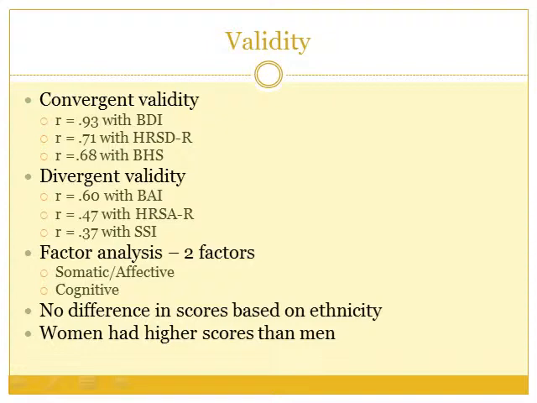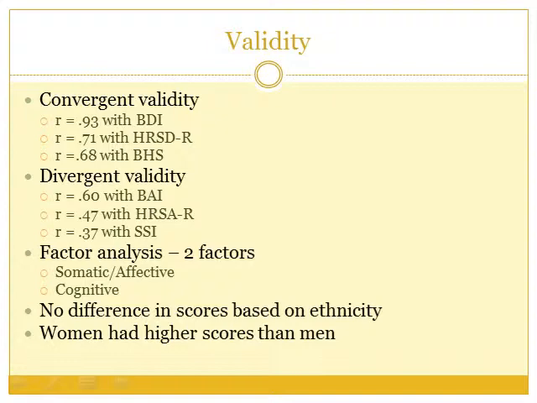Factor analyses of the Beck Depression Inventory-2 have identified two factors. The first factor relates to the somatic-affective dimension of depression, while the second factor seems to relate to the cognitive dimension of depression.